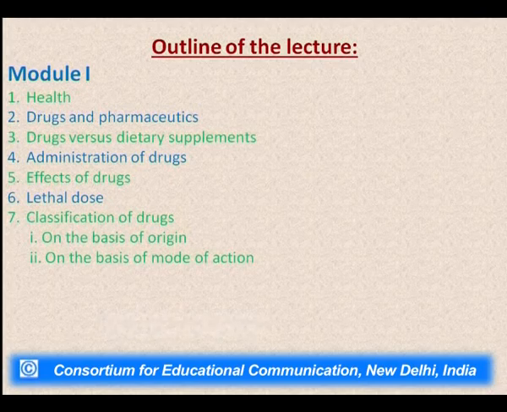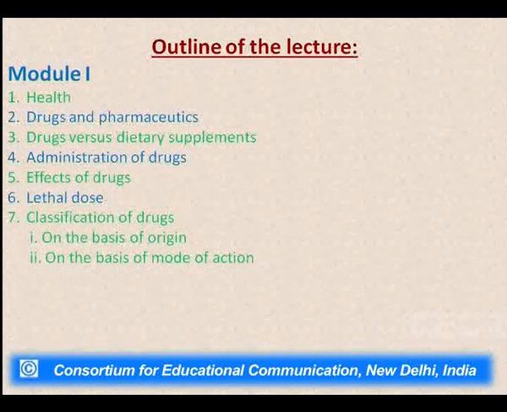We have divided our lecture into two modules. First, what drugs and pharmaceuticals are, how they are different from dietary supplements, how drugs are administered to our body, what the different effects of drugs are, whether there are side effects or toxic effects, and what dose is prescribed for a patient so that it will not harm our body.